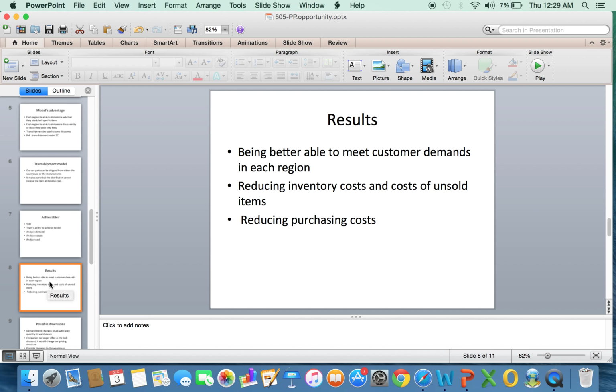And what are the results, which are very beneficial for our company? We'll be able to better meet customer demands in each region. We'll be able to reduce inventory costs and costs of unsold items, and we'll be able to reduce purchasing costs.